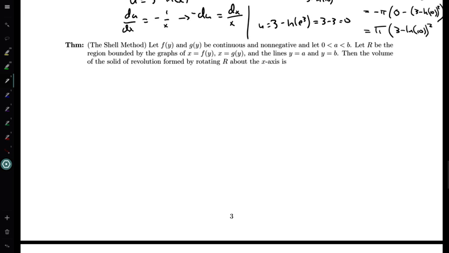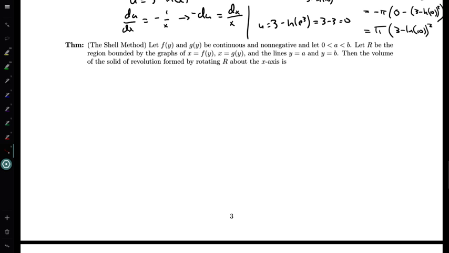So the situation is going to be symmetric to the case in which we're integrating with respect to x. We're going to start off with some functions f of y and g of y, which are continuous and non-negative, where a is bigger than 0 but less than b. And R is going to be the region bounded by the graphs of x equals f of y and x equals g of y, and the lines y equals a and y equals b.